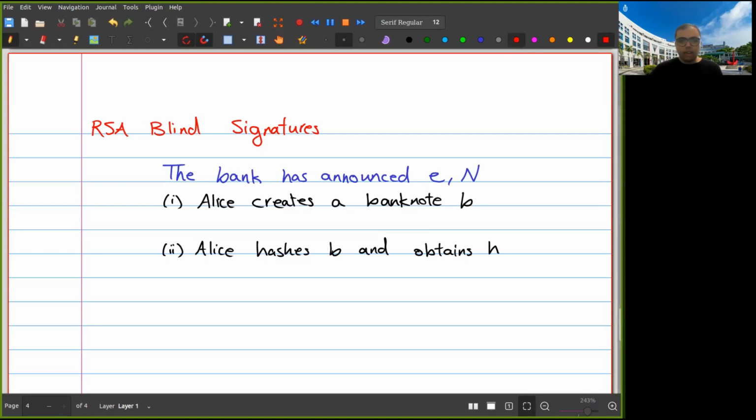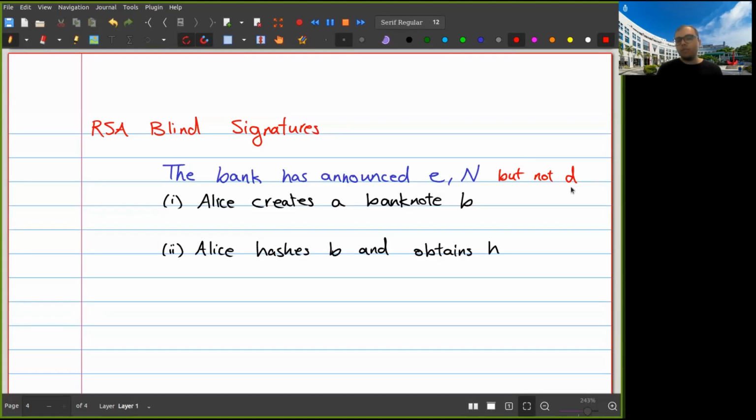The bank also knows a secret key. So it has announced E and N, but not the secret key D. The bank knows D, everyone else knows E and N. Remember, E was what we used for encryption and also for verifying signatures.